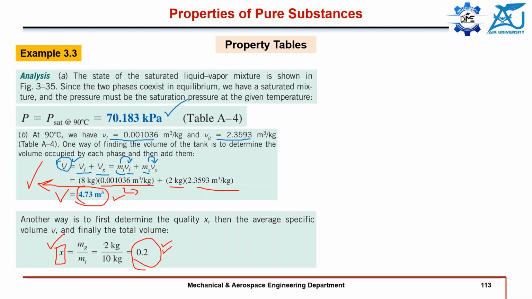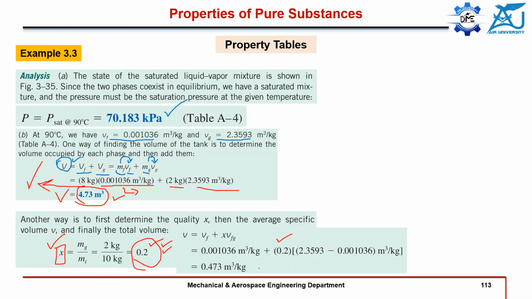So what will be the quality? 2 divided by 10, that is 0.2. This means 20% of the vapor-liquid mixture is composed of vapor. So use this equation to get the specific volume, then multiply it with the total mass. You will get the total volume of the tank. In both cases the answer will be the same.